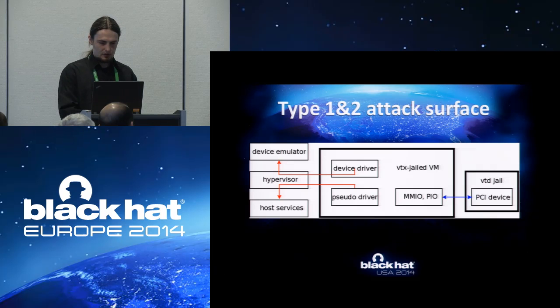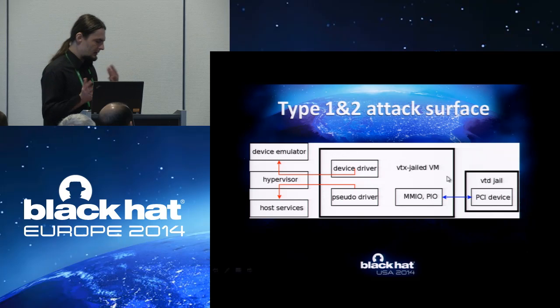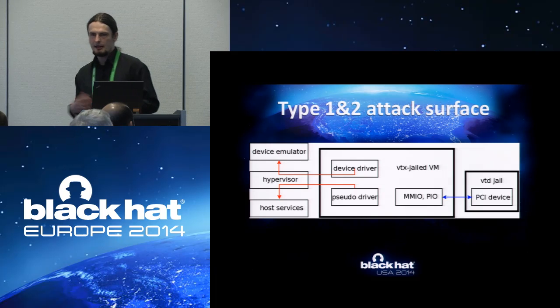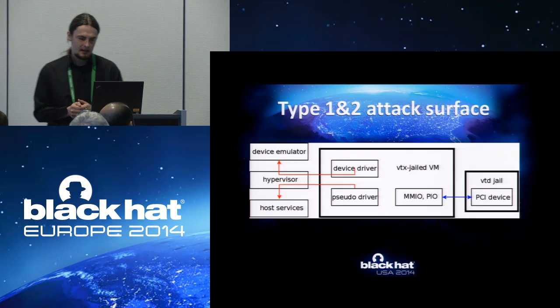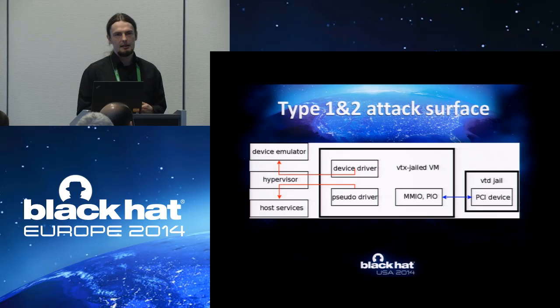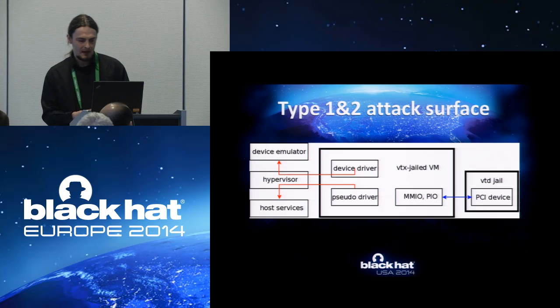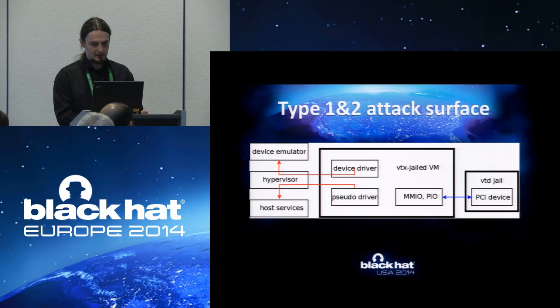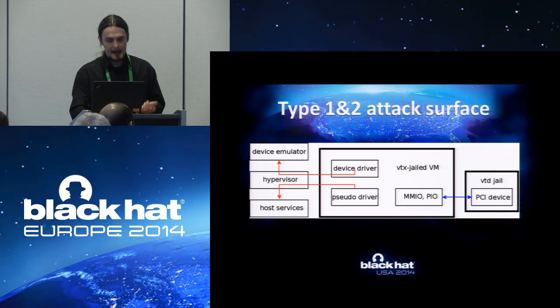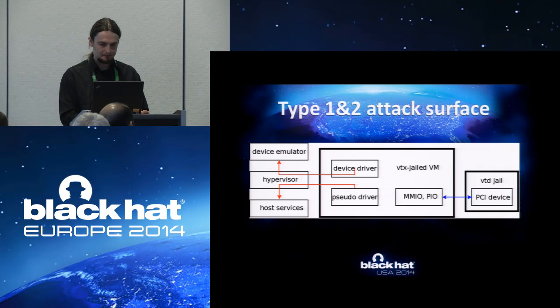Okay, so what else? If we want to run in this VM something looking like a normal operating system, so Windows or Linux or whatever, it will expect it can talk to hardware, right? So it can write to PCI config space, it can write to IO ports, etc. So the job of the hypervisor is to create an illusion that these operations actually work and that they act on some sort of hardware.